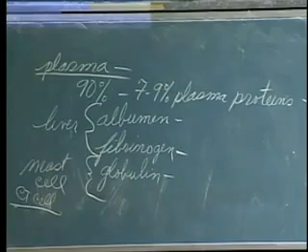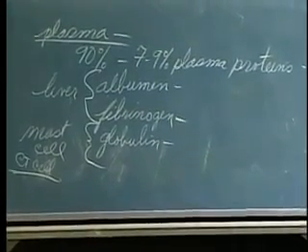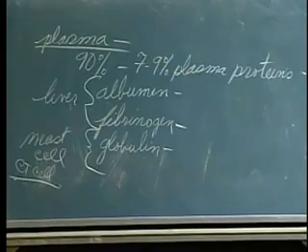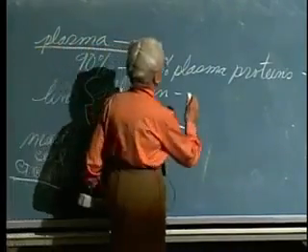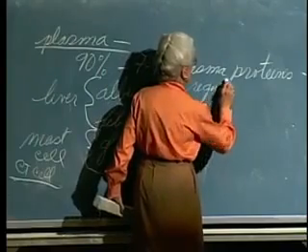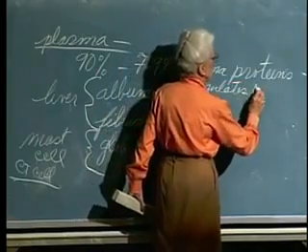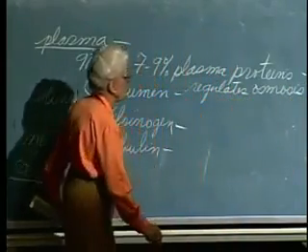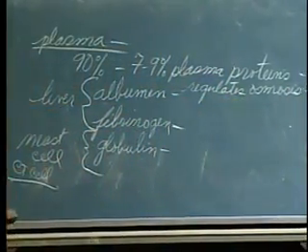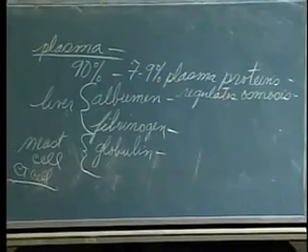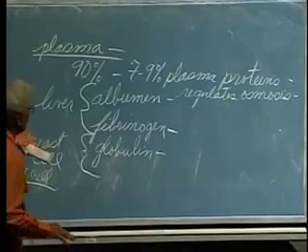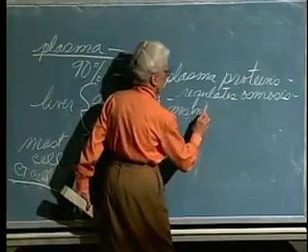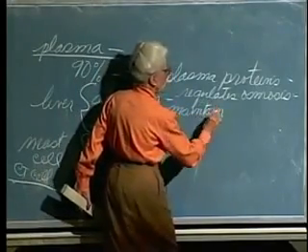So these are your plasma proteins, and why do you need them? You need the albumin to regulate osmosis, to maintain a balance of water. You've got so much water, how do you maintain that? You need albumin to maintain water balance.